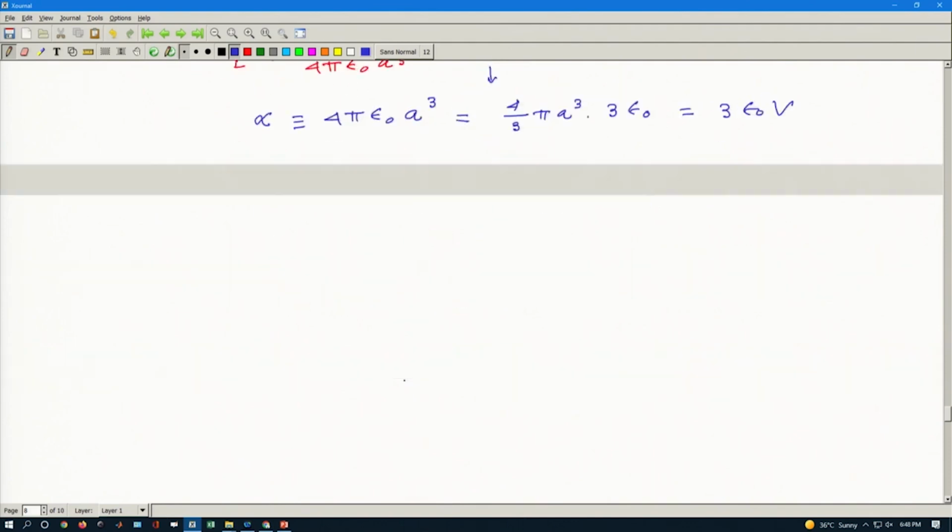So the atomic polarizability is simply alpha equal to 3 epsilon naught V, where V is the volume of the atom.